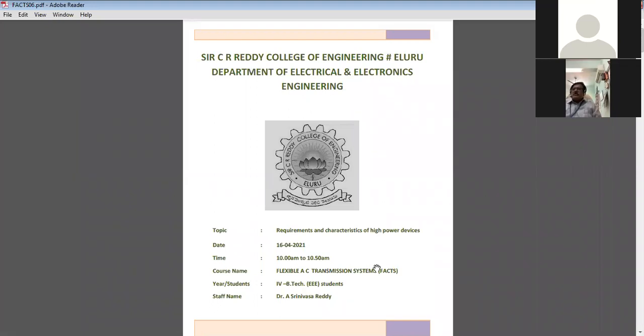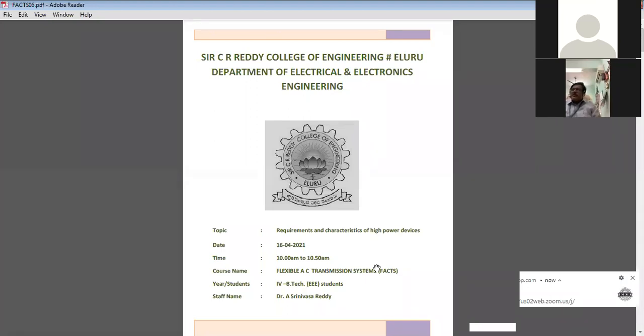Today we'll discuss the first chapter topics, that is the requirement and characteristics of high power devices. Last class we have discussed different devices, that is thyristor, GTO and other devices, and their requirements and characteristics.